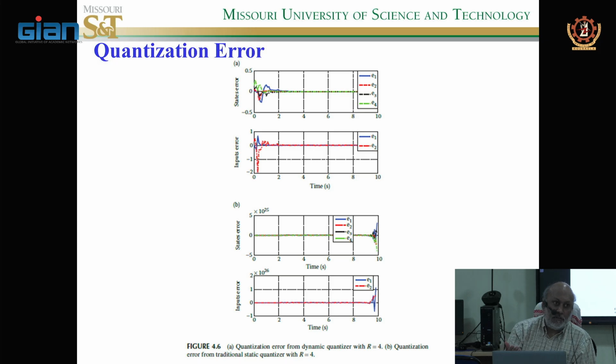You just select the values so that they are within the stable range. That's what we do, because we don't know exactly the region of stability. We still use trial and error.